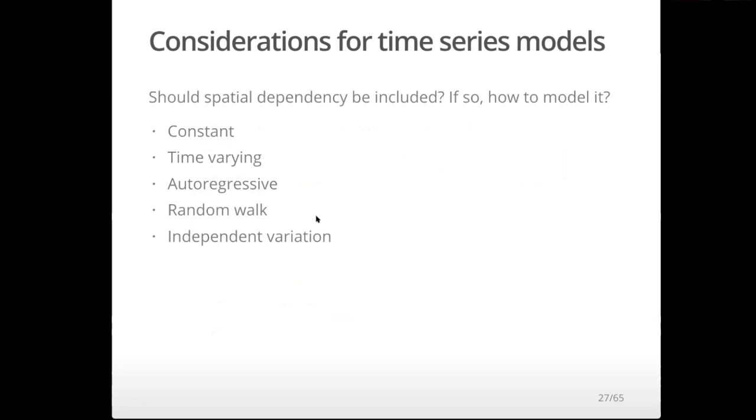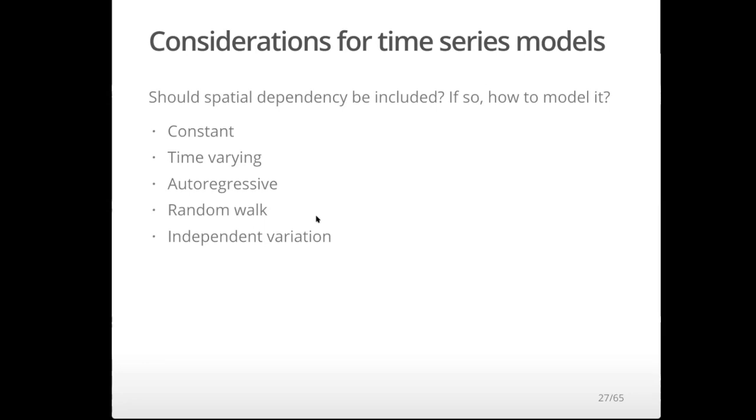Okay, so thinking about some of the considerations for the time series models, I think one of the biggest questions in starting to develop the models, after deciding that you want to include spatial dependency or spatial correlation between locations, is how to model it. We could take the CAR or SAR approach, where we model essentially static spatial variation, and so estimate a single spatial field that's shared across all time steps.